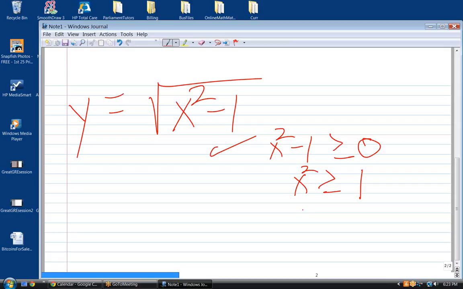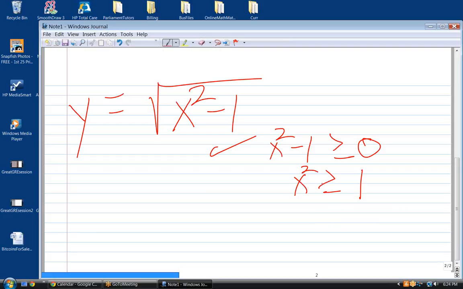How about x is greater than or equal to plus or minus the square root of 1? Oh, okay. It's always that when you're solving an equation. But x has to be either greater than 1 or... actually, I shouldn't have written it like that.